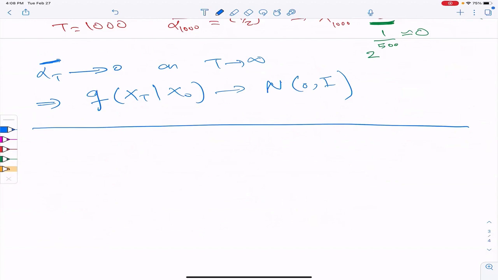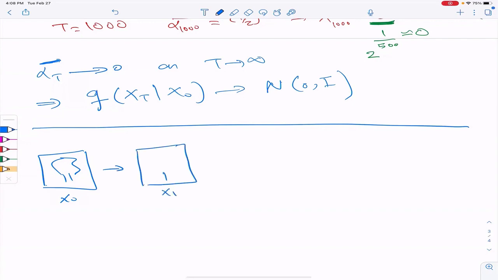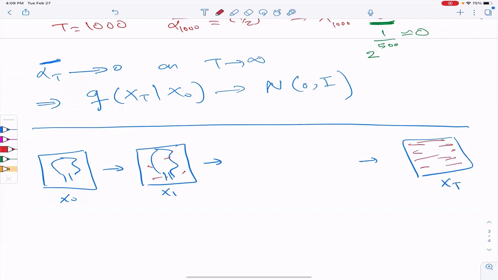So what is the purpose? Again, let's start with the example that we started with. I have x0. If you notice, I abandoned my cat drawing. I realized trees are much easier to draw. Okay, so we go to x1, add a little bit of noise to it. And at step T, xT, you get a noisy version.